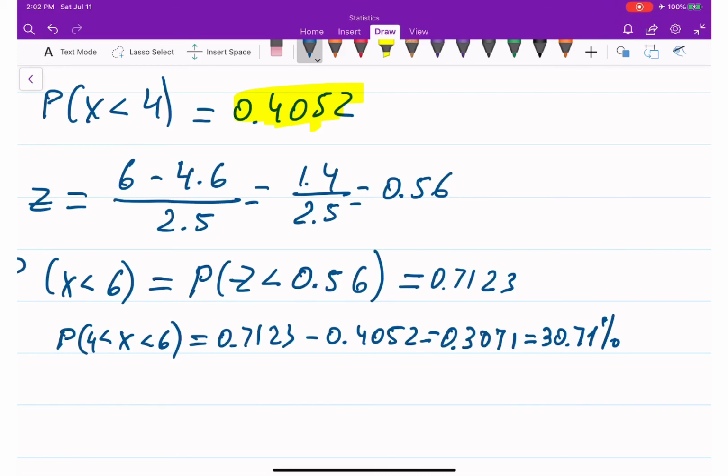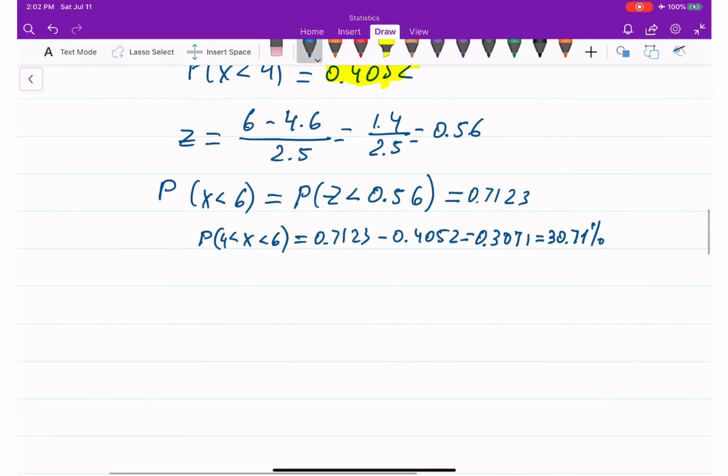And the last question, question C. Find the probability that x is more than 8.